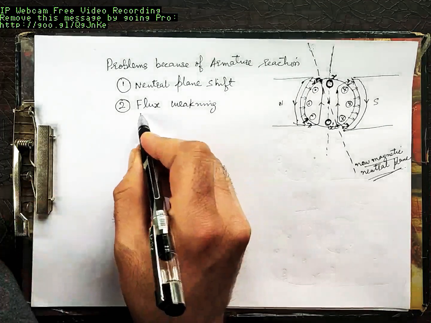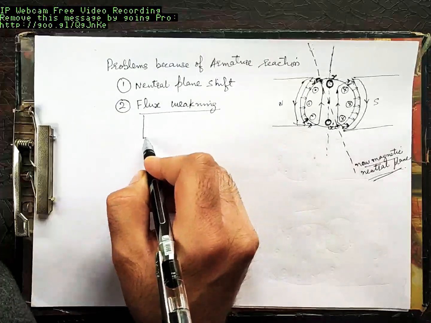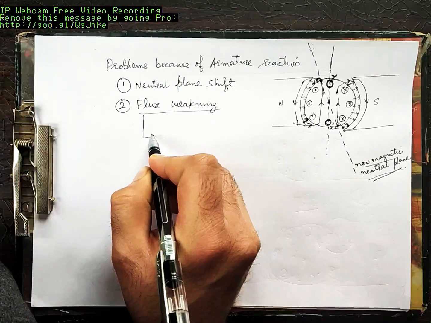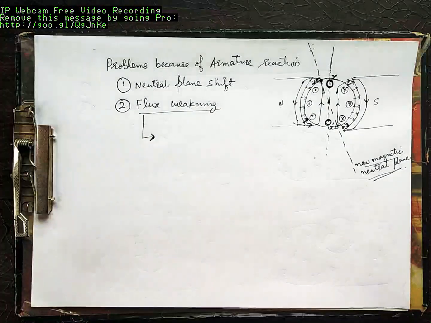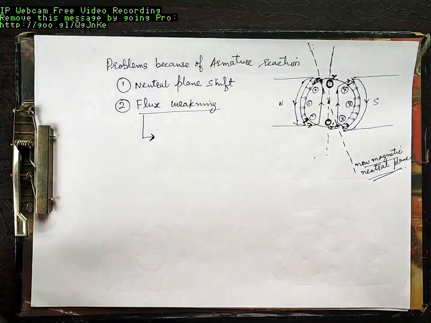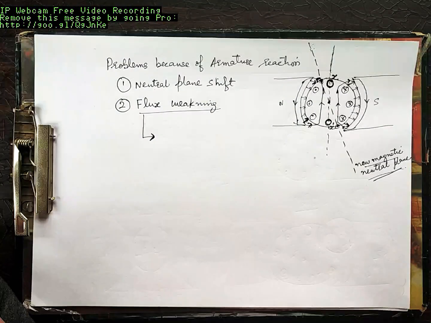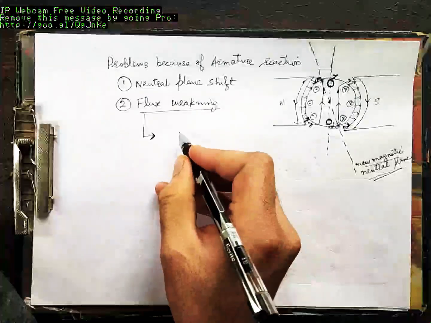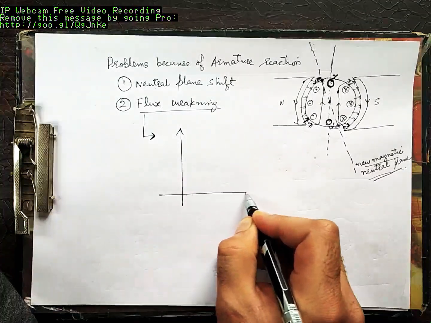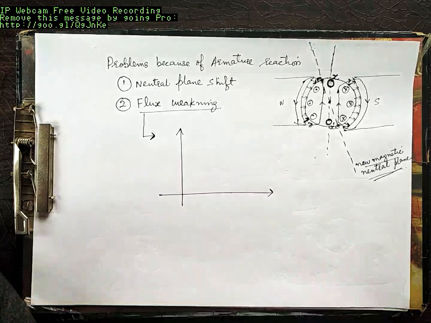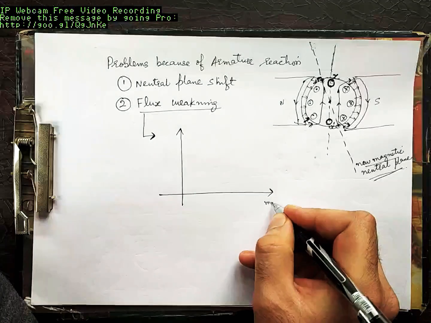Now second, that is flux weakening. Have a look at what flux weakening is. We have already discussed this in the class. This is MMF.